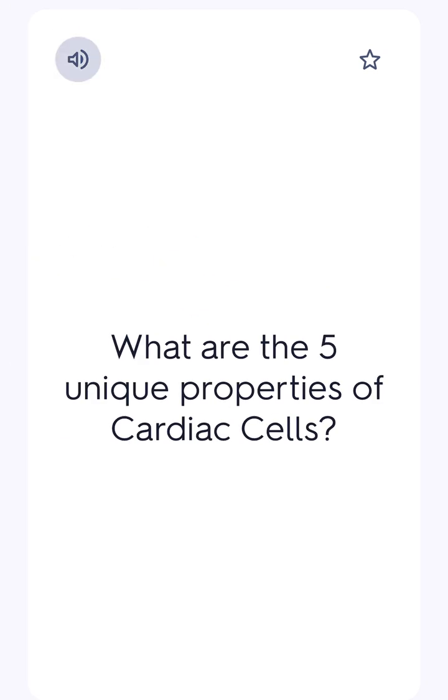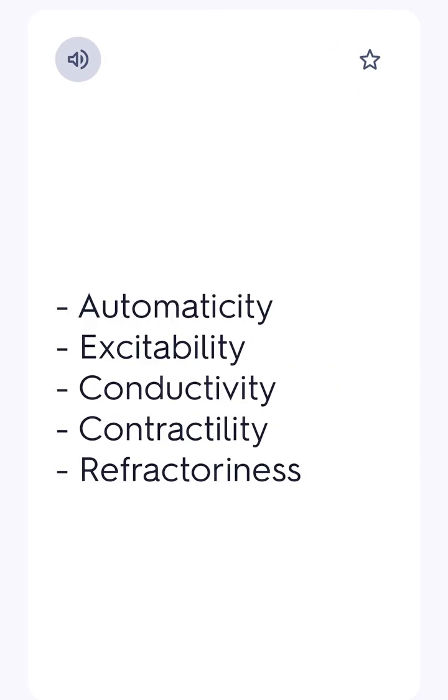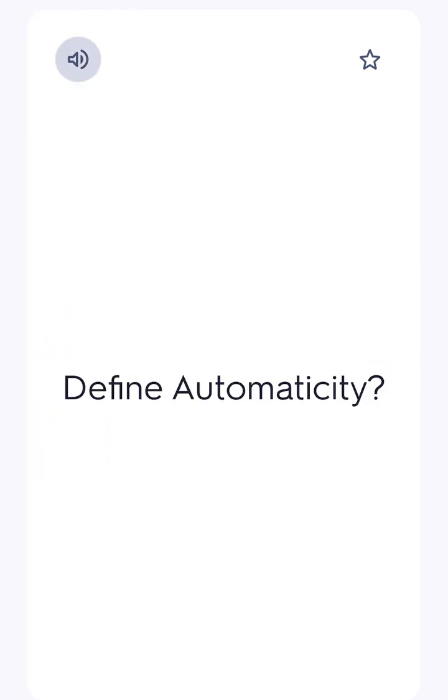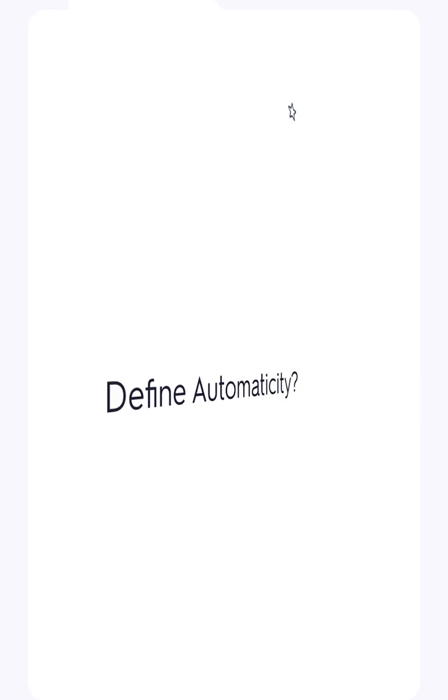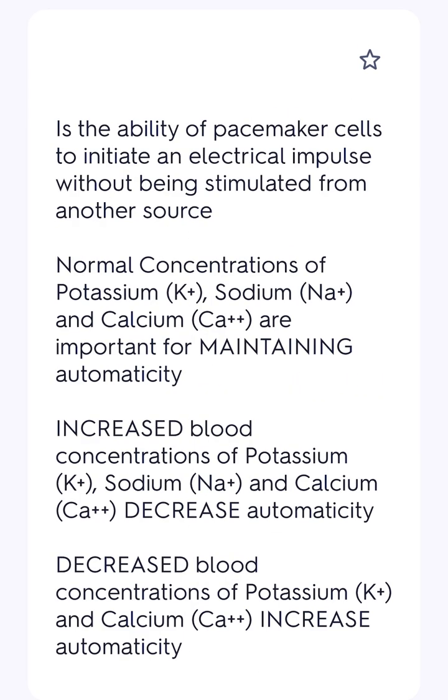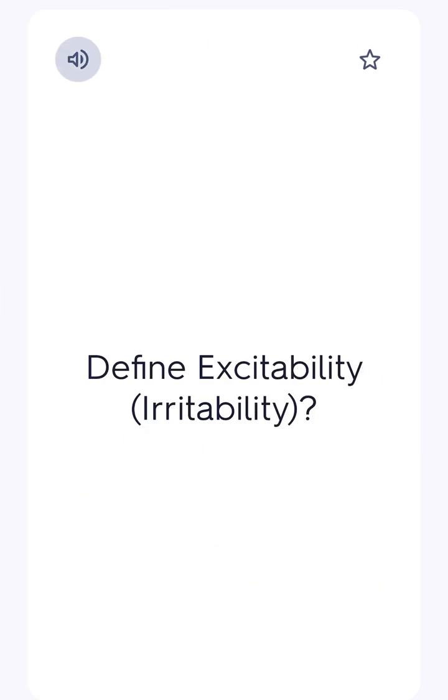What are the 5 unique properties of cardiac cells? Automaticity, excitability, conductivity, contractility, refractoriness. Define automaticity. Define excitability.